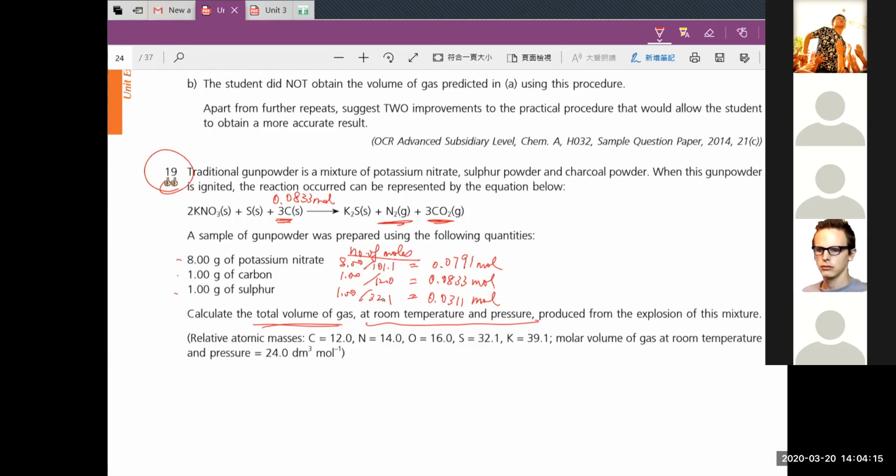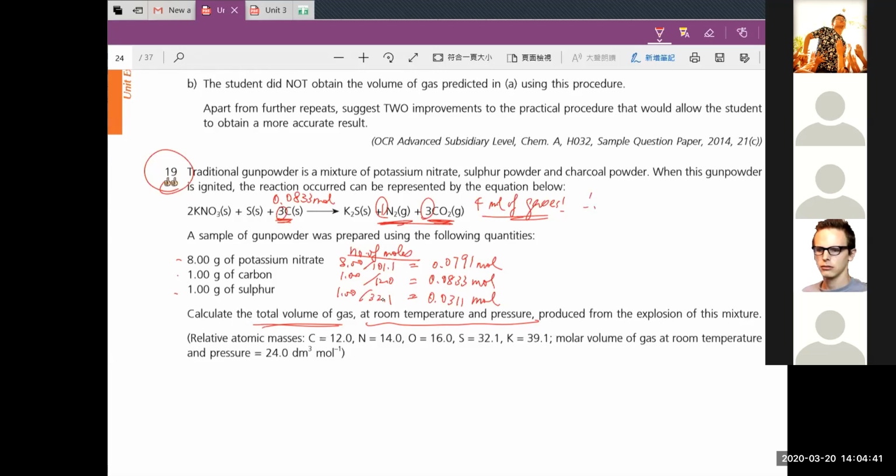So use this 0.0833 mole. How do you project that? 3 moles to form 4 moles of gas. Is it correct? Yes? Okay. So all together we've got 4 moles of gas. Can you get my point? 3 moles of C to form 4 moles of gas.